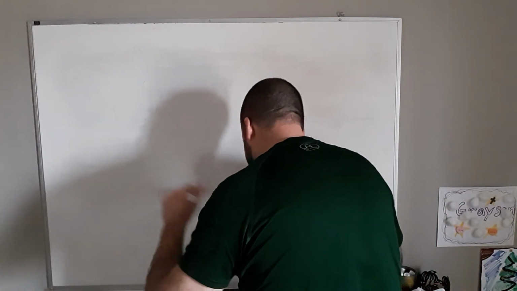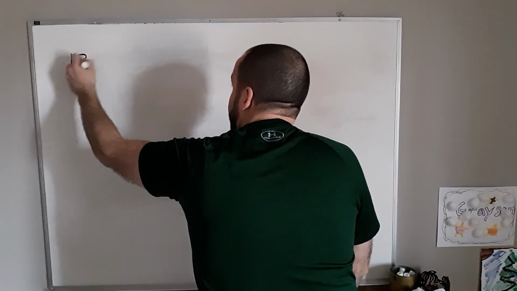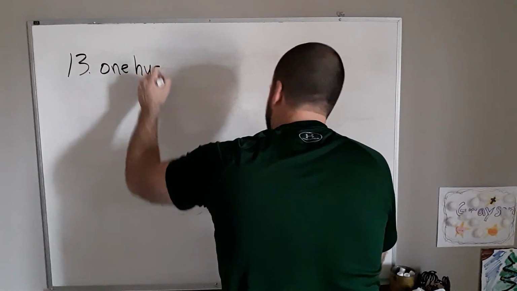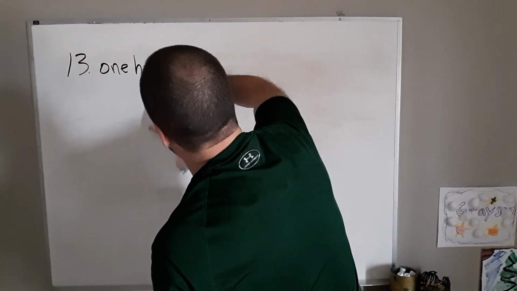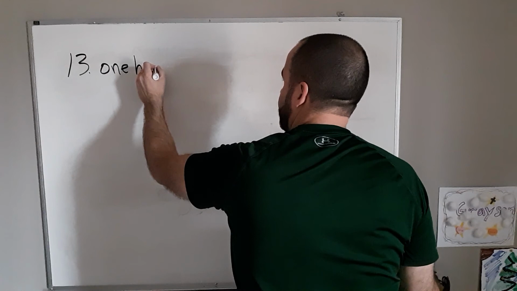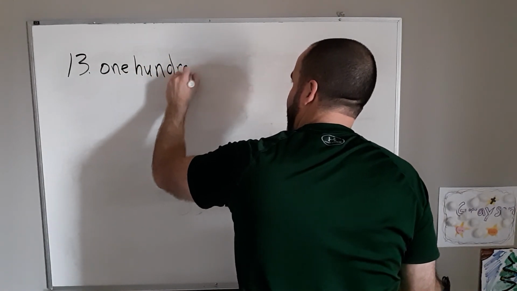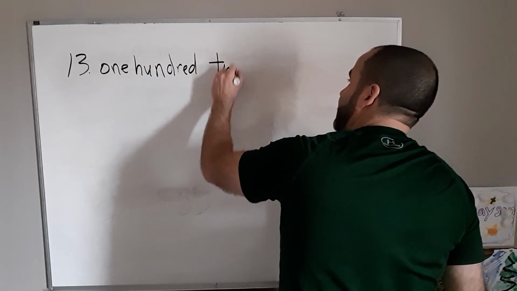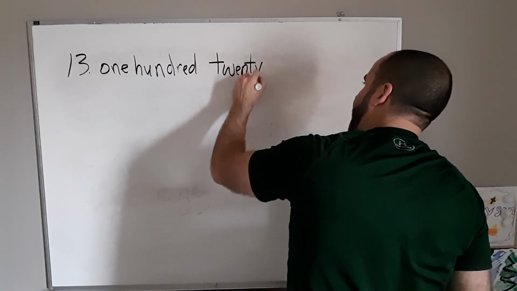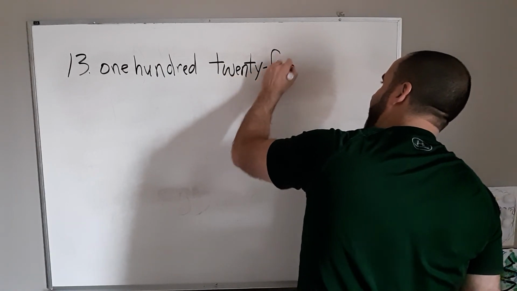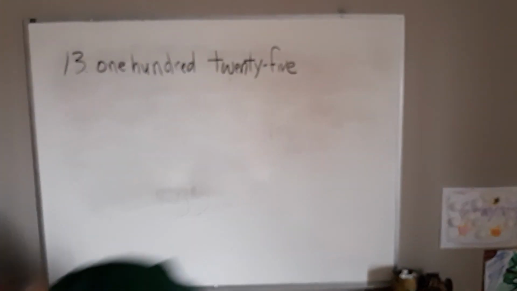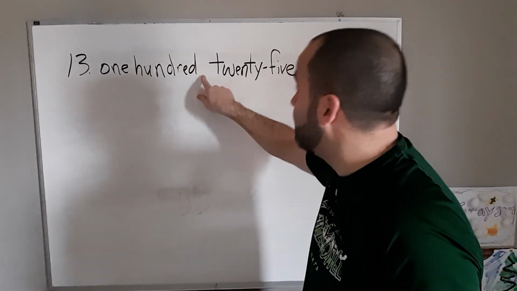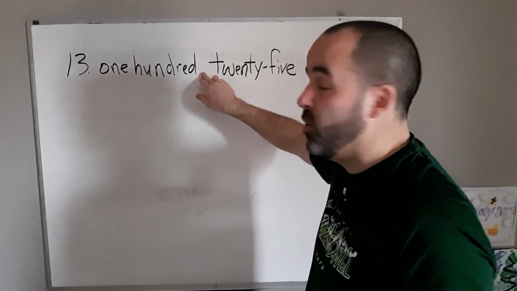Number 13 says 100, 25. Now, one thing I want you to note on this 125 is, like we talk about, it just says 125, no "and" in there.